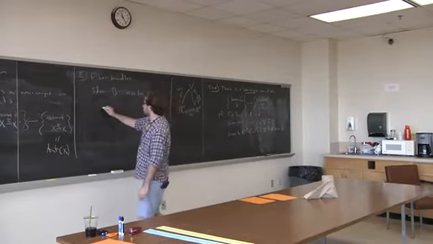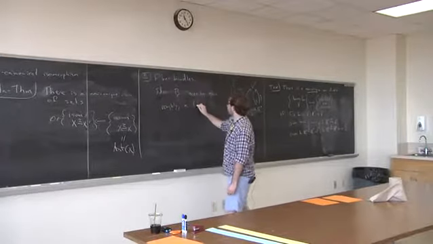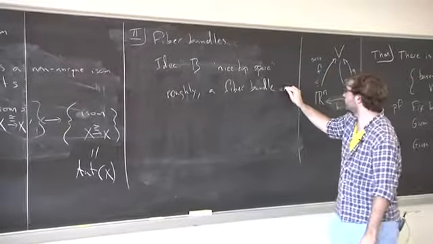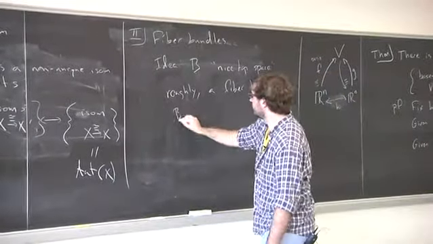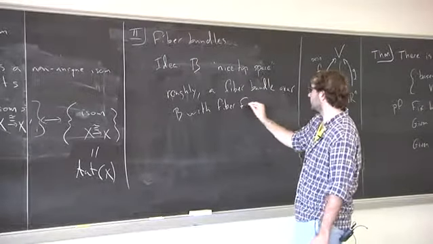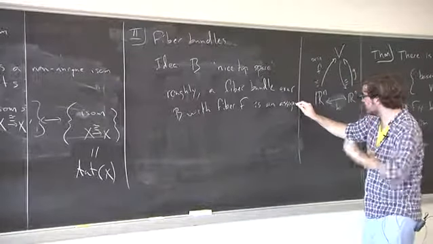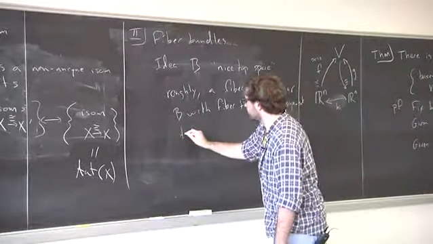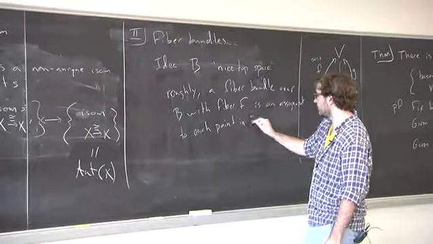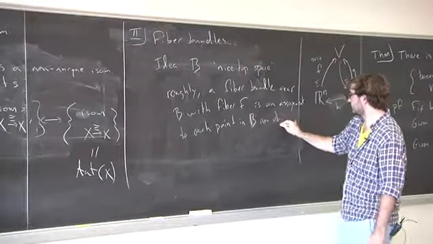Okay, so now roughly, a fiber bundle over B with fiber F is an assignment to each point in B of an object.